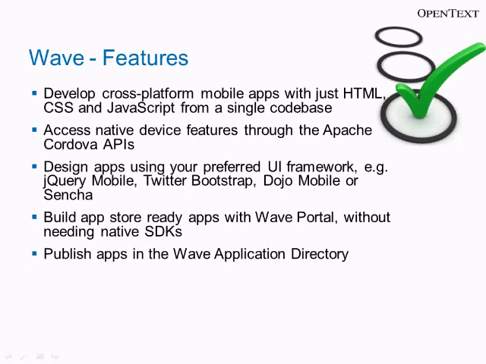Wave 4 also has an application directory. That allows you to distribute an application that you've built with Wave without having to go through the App Store. You could distribute it internally to all your staff, for example, without having to force them to go to an App Store. So that's an alternative option.